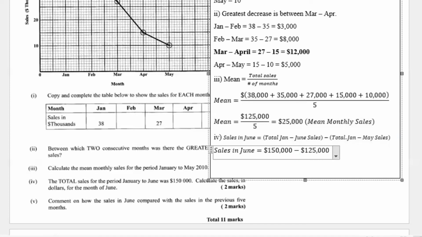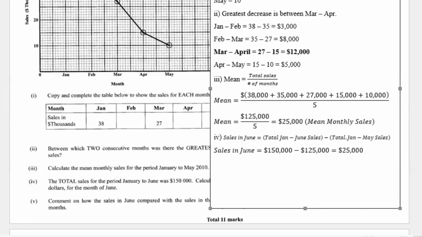And even before calculating, we can see that our answer is $25,000. So therefore the sales in June is $25,000. Part 5 now says comment on how the sales in June compared with the sales in the previous 5 months.